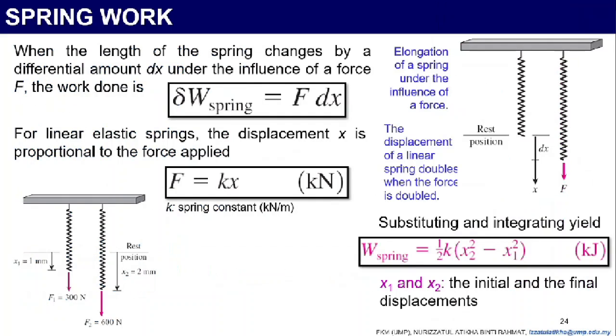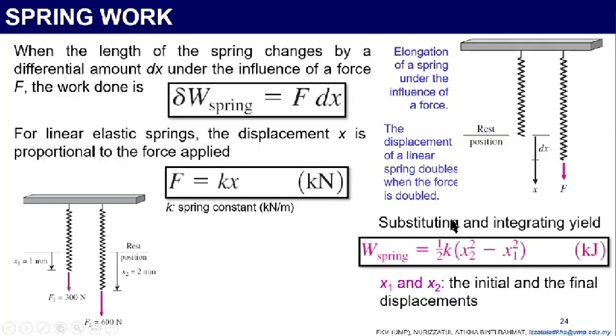For spring work, when the length of the spring changes by a differential amount dx under the influence of a force F, the work done is W spring equal to F dx. Okay, dx is the elongation of the spring. For linear elastic springs, the displacement x is proportional to the force applied, F equal to kx.